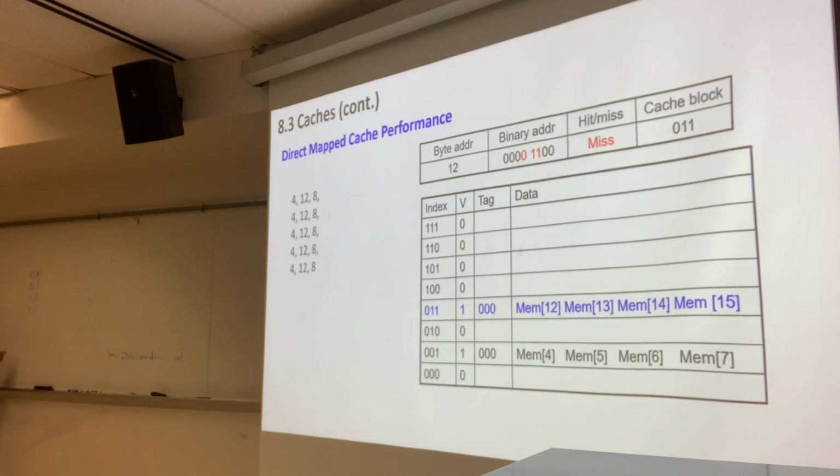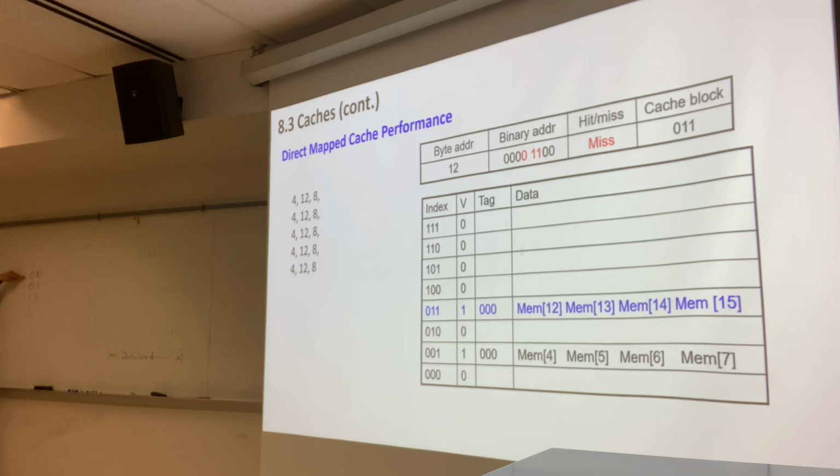Now, how many bits we need to name? If we need to name all of those 8 bytes, how many bits of the binary number do you need? If we have 2 bits, we go 0 all the way down to 11. How many bits to cover all 8? Exactly. Then in this case, we need to have an offset of 3 bits. So we're going to use lower 3 bits as an offset.